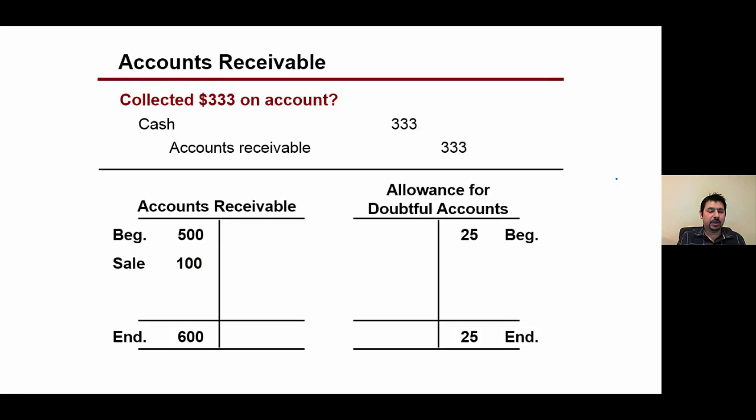And let's say that the company collected $333 on account. So they collected cash. As a result, they will debit cash 333 and will credit accounts receivable 333 because they collected money that customers owed. As a result, their accounts receivable decreased. So we credit accounts receivable $333.